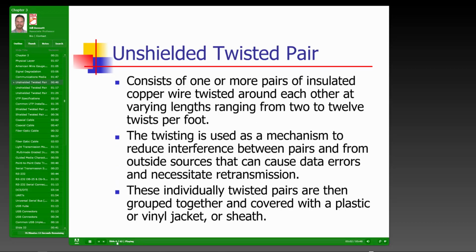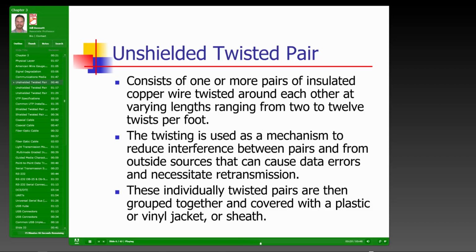Unshielded twisted pair cabling is the most commonly used type of cabling in data communications today. UTP, as it's also known, is basically 4 pairs, 8 wires total. They're insulated copper, twisted in pairs, and the twists are anywhere from 2 to 12 twists per foot.